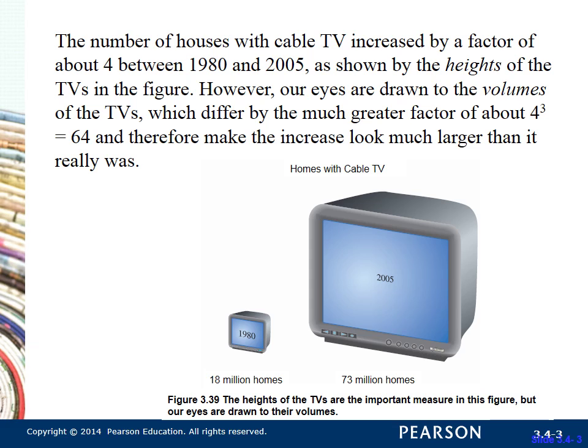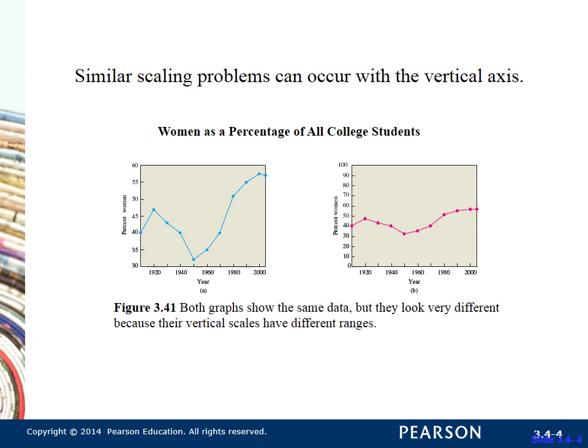But again, we're looking at the volume, length times width times height, so 4 cubed is 64, which makes it look 16 times bigger than it really was. So the heights of the TVs are what's important, but our eyes are drawn to the volume simply because it's a three-dimensional figure.